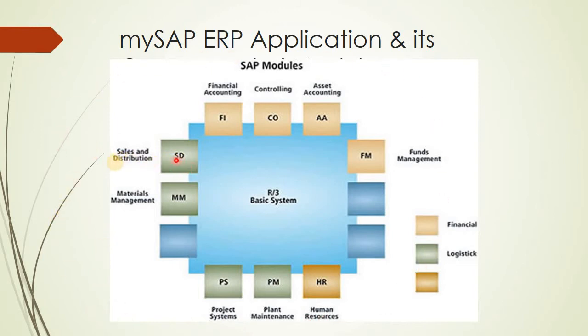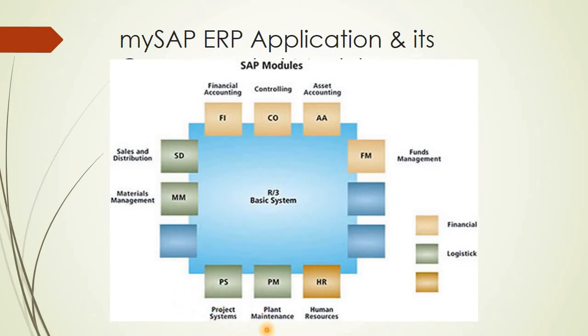SD stands for sales and distribution. In the SD module, we are tracking the transactions related to sales. In MM, we are tracking the transactions related to purchase and material. In PS, this is the project system where we can track and manage projects.